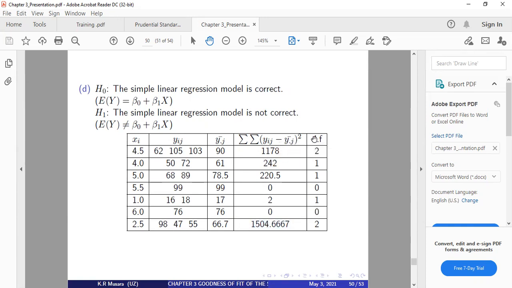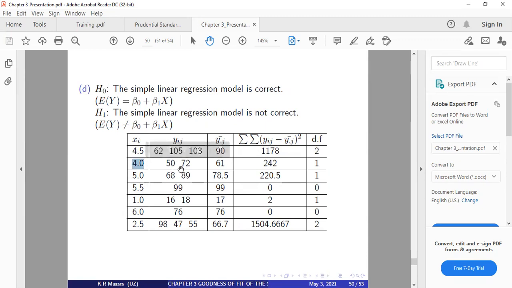Then the degrees of freedom is m minus 1. How many distinct values do you have in X? Remember, m is the number of distinct values of X. There are 3, so it's 3 minus 1, which is 2. How many distinct values of X do you have with 4.0?